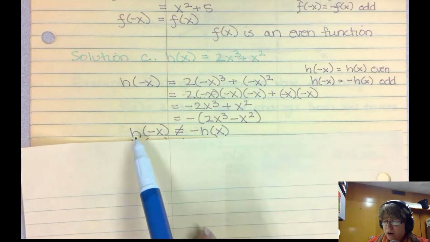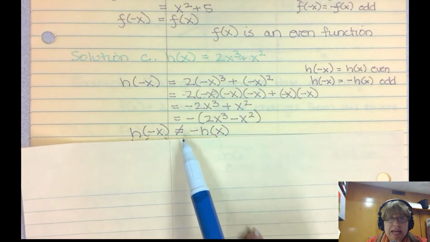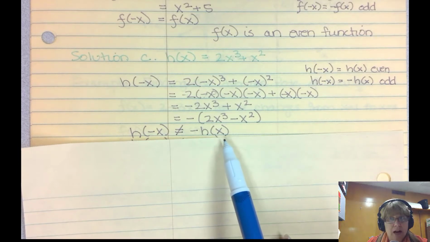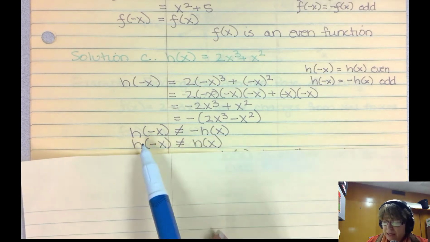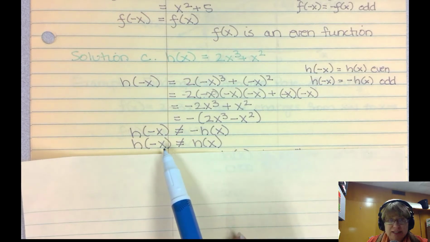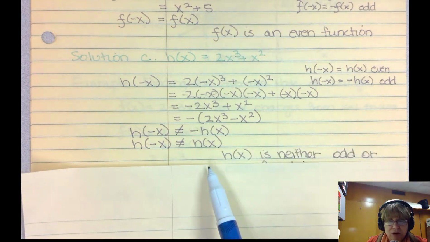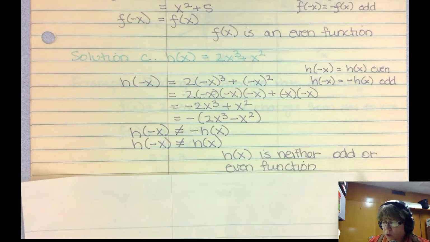And therefore, h of negative x does not equal the negative of h of x, and therefore it's not odd. And h of negative x does not equal h of x, does not equal the original thing, and therefore it's neither. It's neither odd nor even.